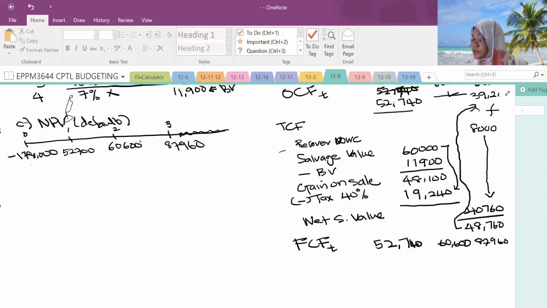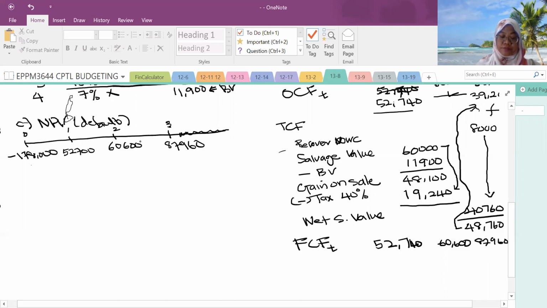Let me take my financial calculator. I'm using a financial calculator from my handphone.